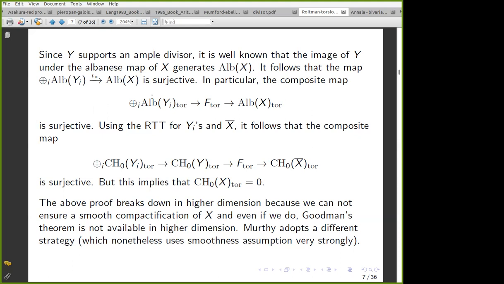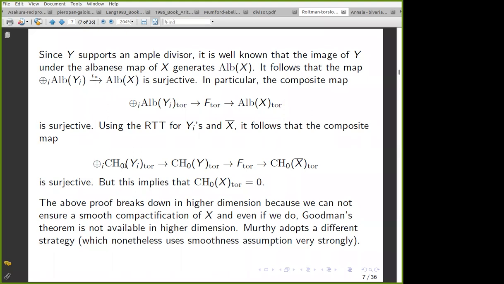But then we know it's a simple fact that if you have a surjective map of commutative algebraic groups, here abelian varieties, then it must surject also on the torsion groups. It's not difficult to see. But then basically what happens?